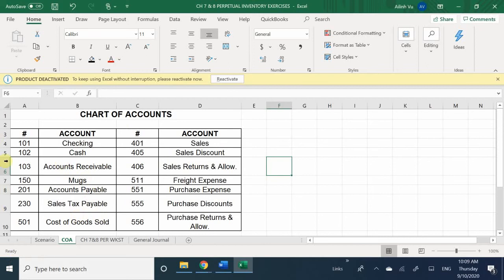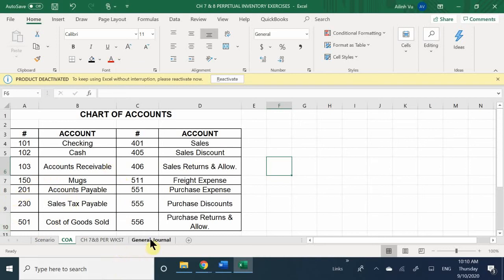So let's look at our chart of accounts. Do we have the necessary accounts that we are looking for? Yes. What accounts are we going to be using? Mugs, 150, and then accounts payable, 201.